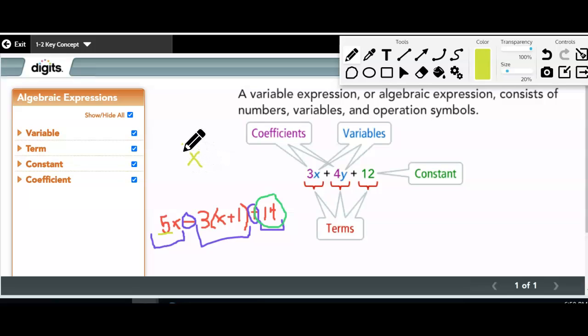We have 1 x. We get lazy in math, and when we have just an x here, the coefficient in front of that is a 1. We just don't normally write it. So our coefficients would be 5 and 1.